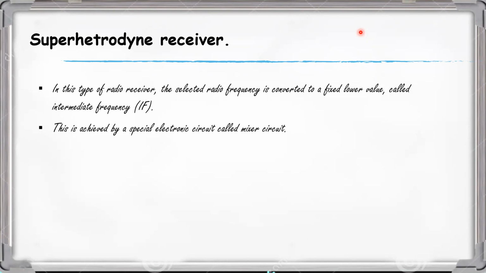This is achieved by a special circuit that is called the mixer circuit.